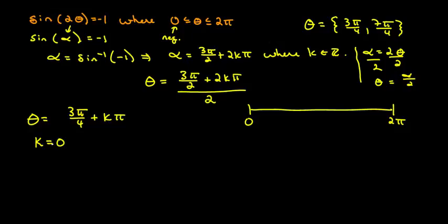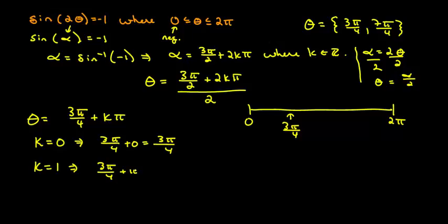So if I go k equals 0, that gives me 3 pi over 4 plus 0, which is 3 pi over 4. And that certainly falls between 0 and 2 pi, so that's going to be a solution. When k equals 1, I'd have 3 pi over 4 plus pi, which is equal to 7 pi over 4.